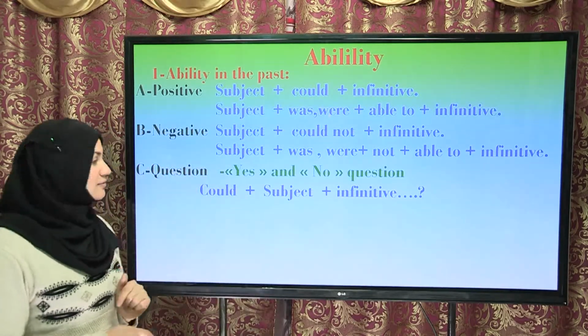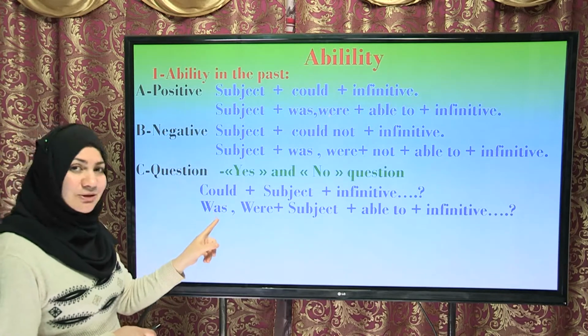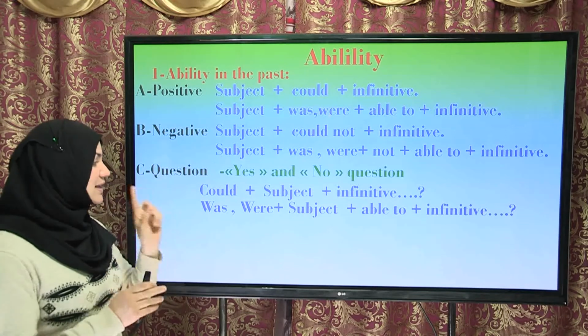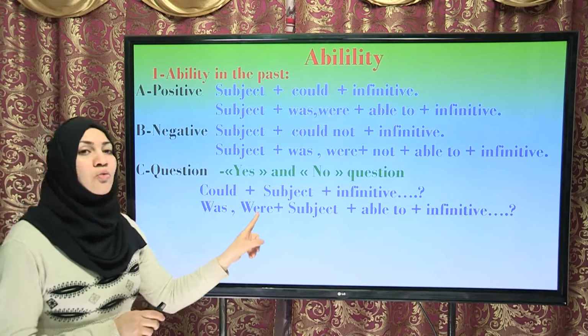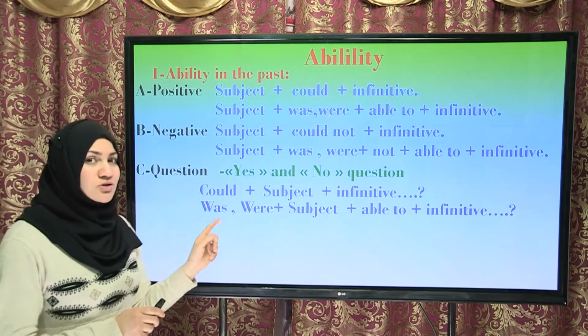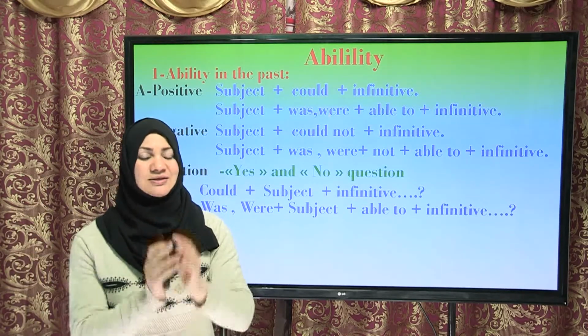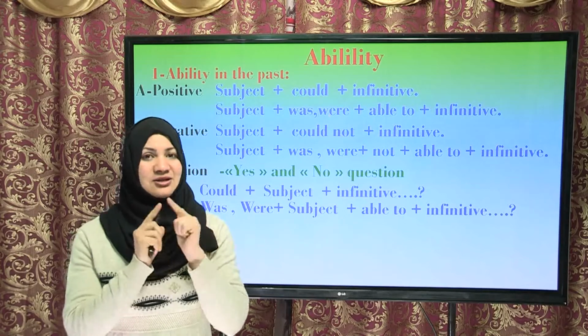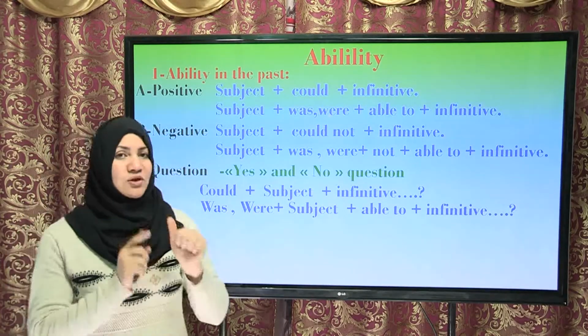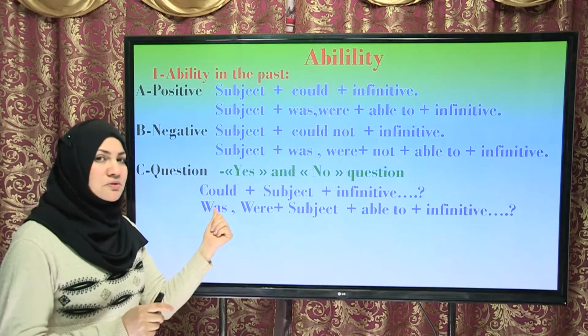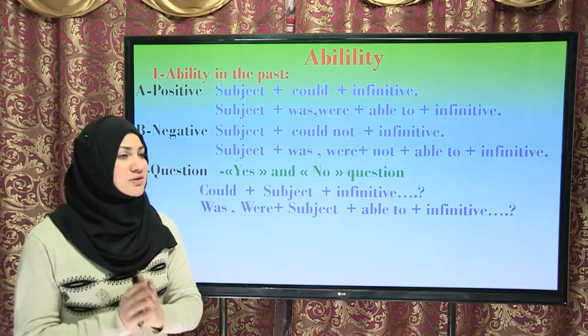The second form, with able to: we always start with to be in past, either was or were. We use was with he and she, if you remember, my students. Were with you and they. Of course, we say he was, she was, or I was.